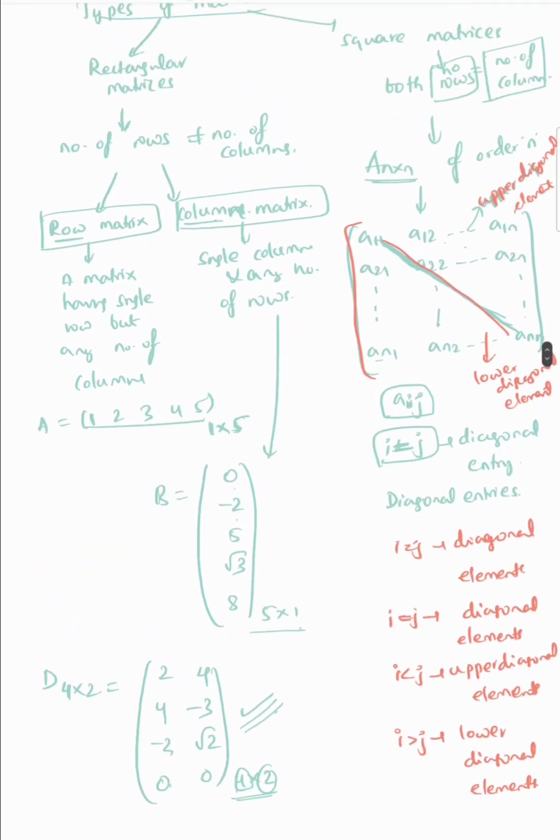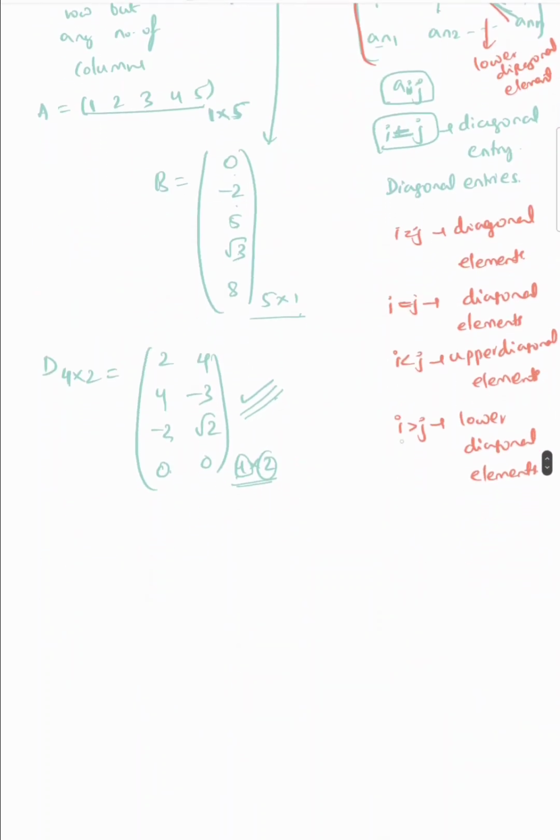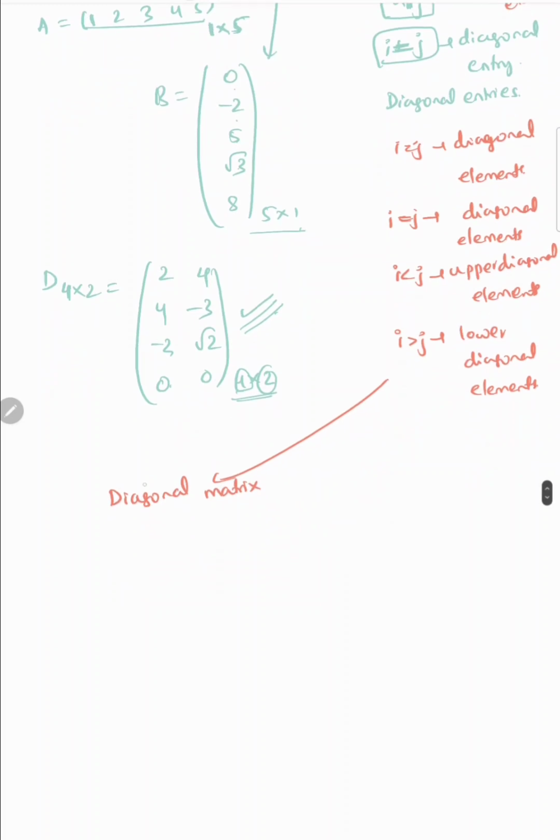Now we will see special classes of square matrices. One case is the diagonal matrix. So what is a diagonal matrix? Firstly, it is a square matrix in which all non-diagonal entries are 0.